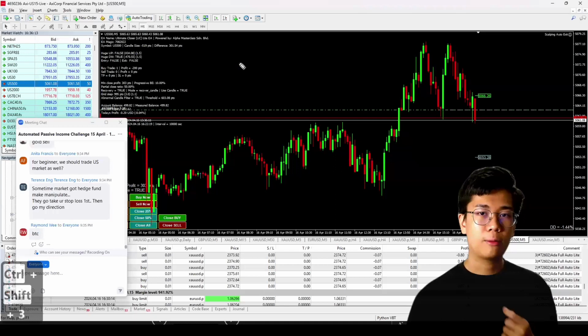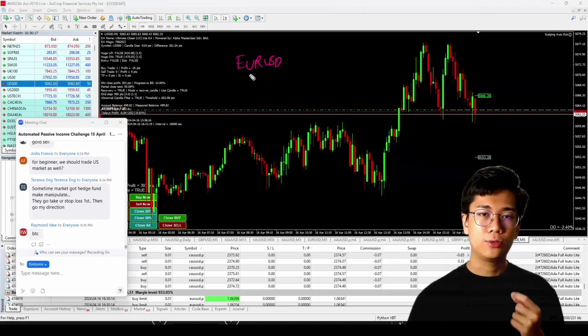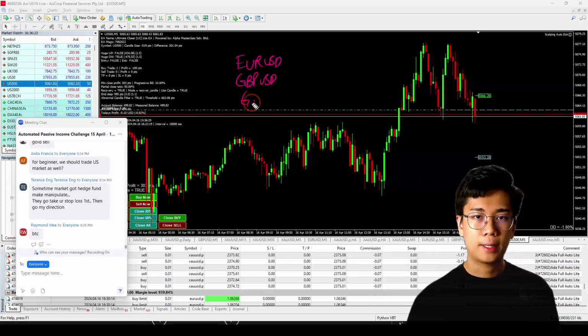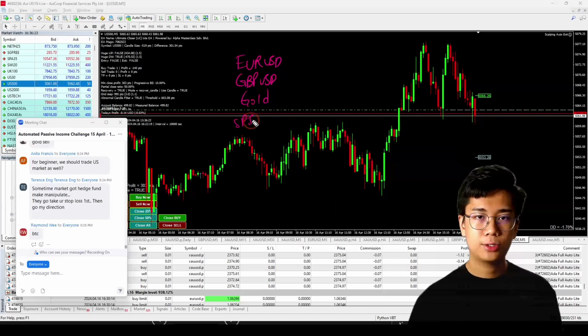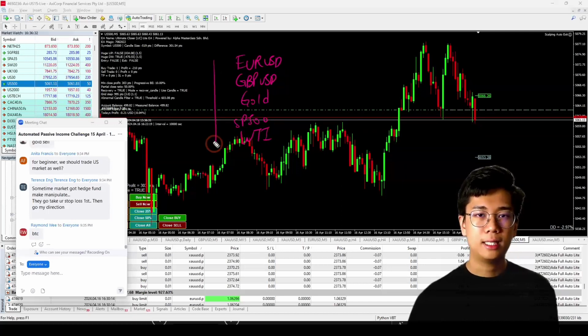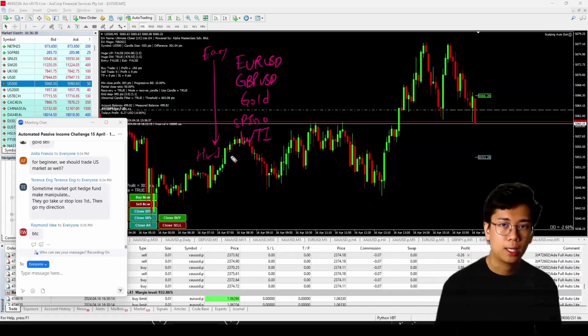For beginners, the safest markets to start trading are EUR/USD, GBP/USD, followed by gold, S&P 500, and then crude oil, from easy to hard. These are the markets you can start with.